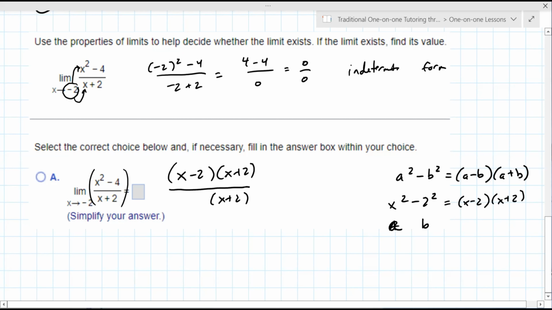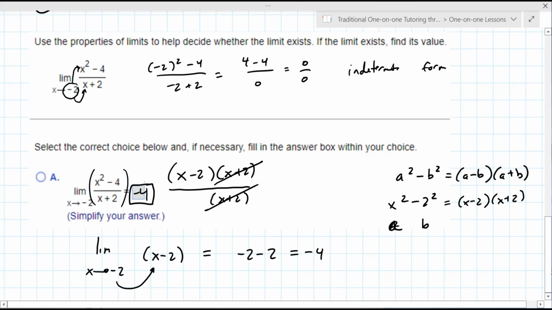And you can actually cancel those. Okay. So that means it's the limit as x approaches minus 2 of x minus 2. And now you just put that number in again. You just try it again. And this time it works out. Minus 2 is minus 4. And that's your answer. So there's always an algebraic limit where you have to use some sort of factoring to be able to answer it.